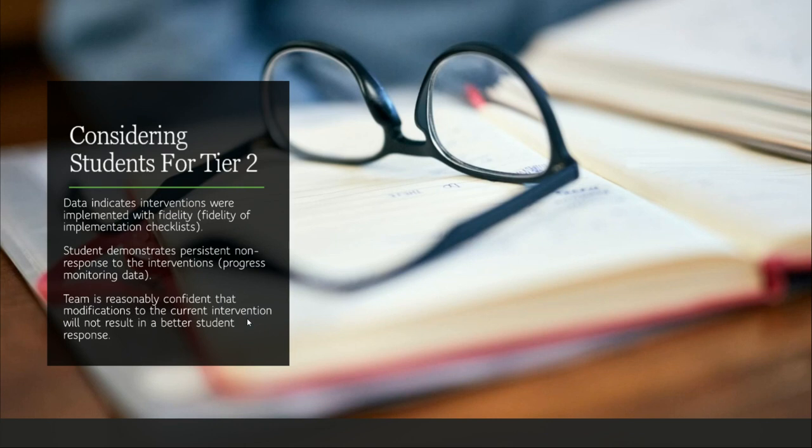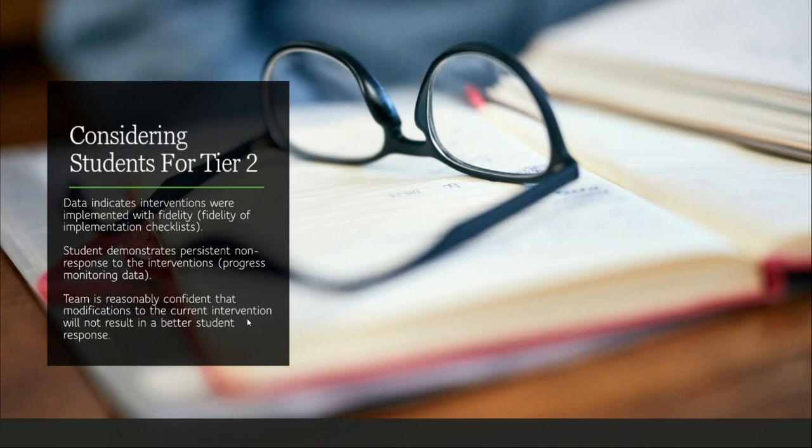So, one, the data indicates the interventions were implemented with fidelity, so we've looked at the fidelity implementation checklist and we've observed that the intervention was being implemented with fidelity.